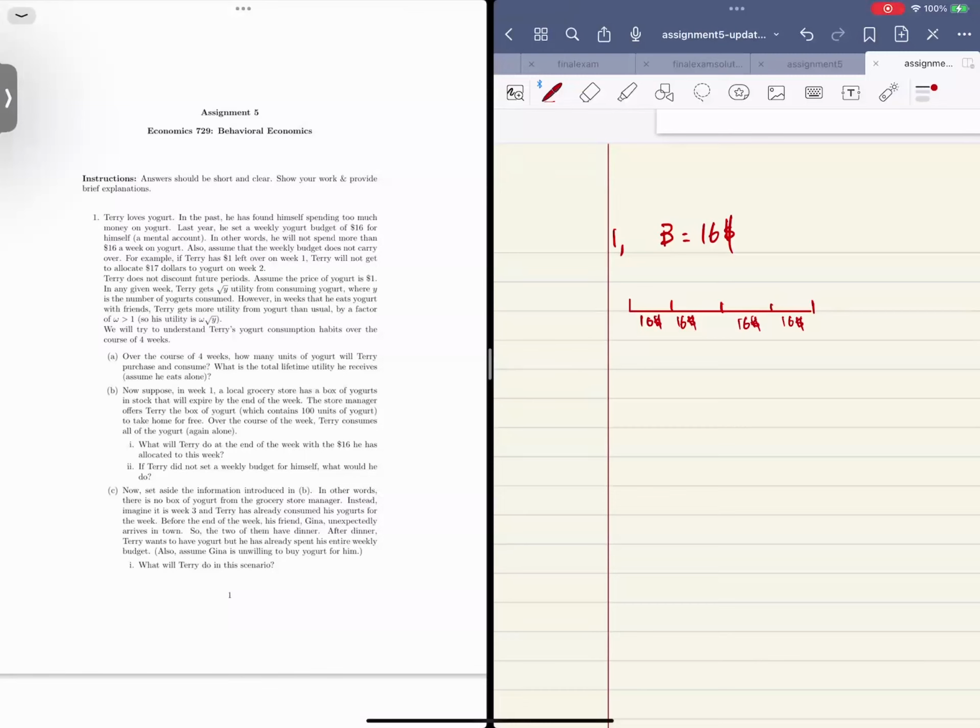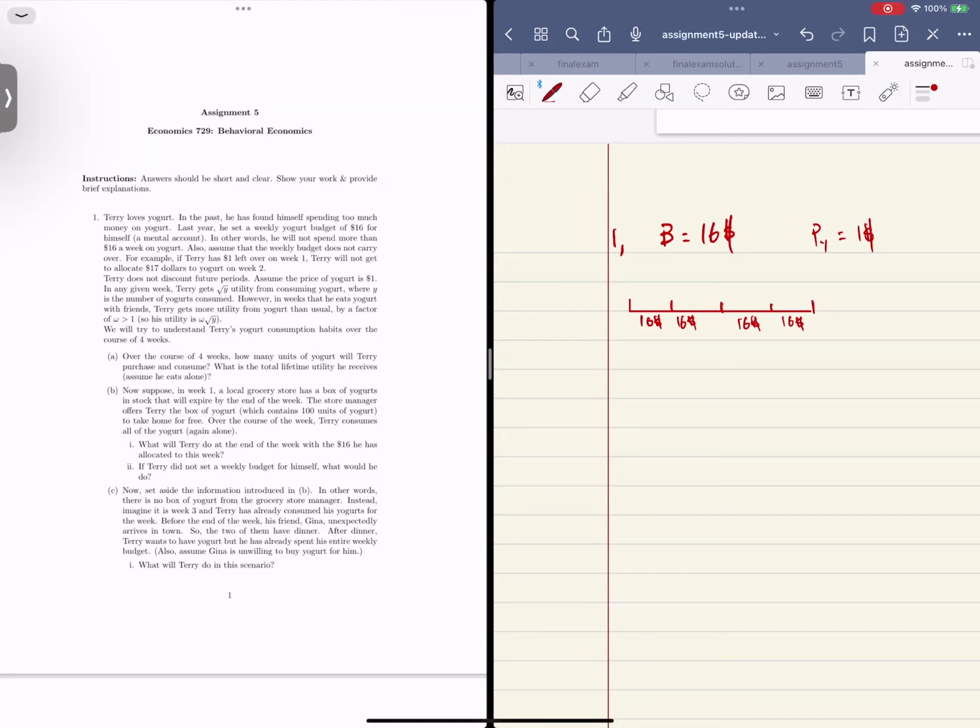So the price of yogurt is $1. I think this question is similar to what we have for the midterm. Mental accounting. Okay. So Terry does not discount the future periods. Assume the price of yogurt is $1.